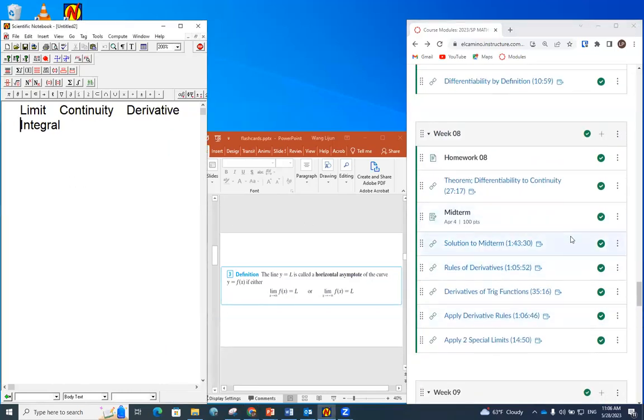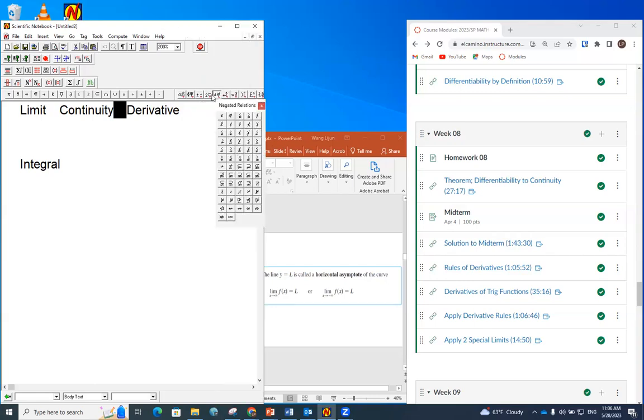Regarding the relationship of these three concepts, these relationships have been addressed over and over again: if a function is differentiable at a point, then it is continuous at that point.